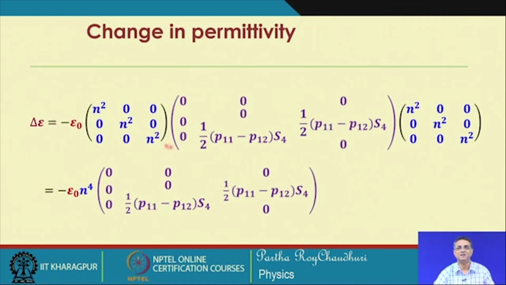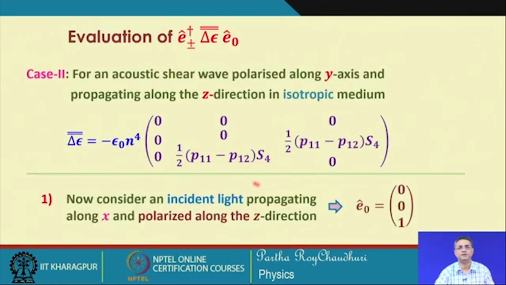Therefore, for delta E you again multiply by post multiplication and pre multiplication with this permittivity matrix to this delta eta matrix, then it gives you this equation, which is in the same line that we have done earlier in the case of longitudinal waves. So, we end up with this, but this time these are the two non-zero elements in the change in the permittivity tensor.